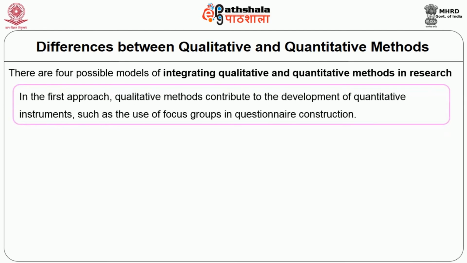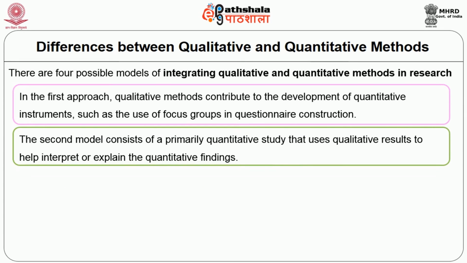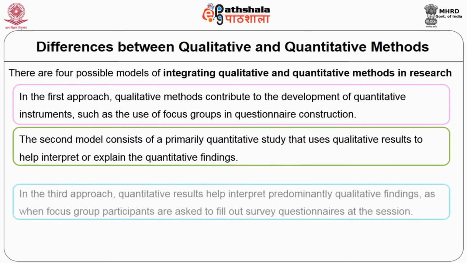In the first approach, qualitative methods contribute to the development of quantitative instruments, such as the use of focus groups in questionnaire construction. The second model consists of a primarily quantitative study that uses qualitative results to help interpret or explain the quantitative findings.